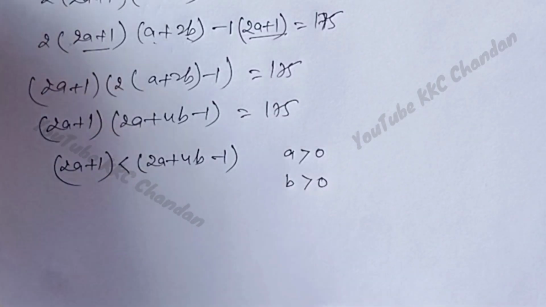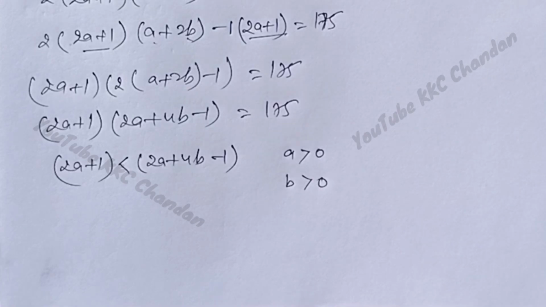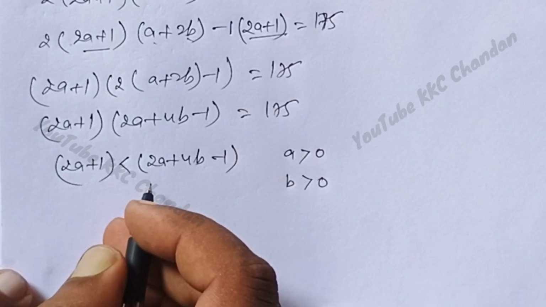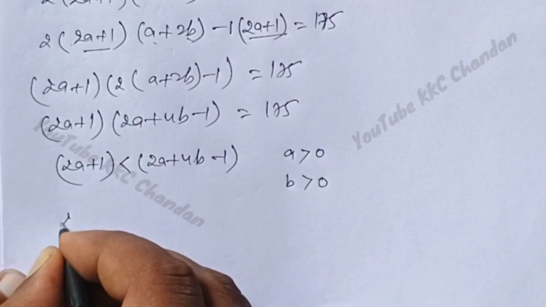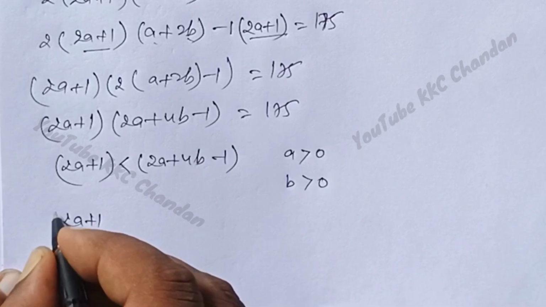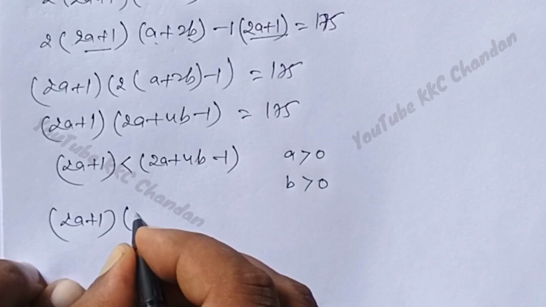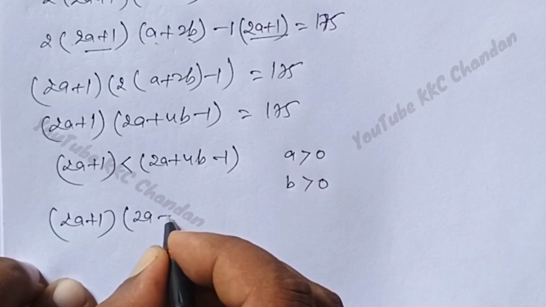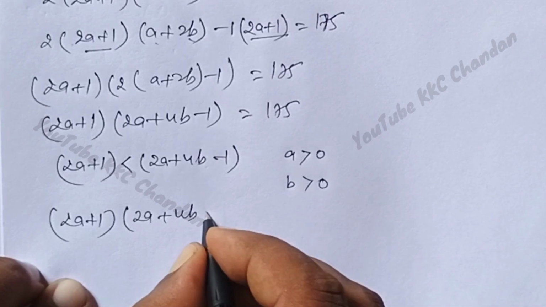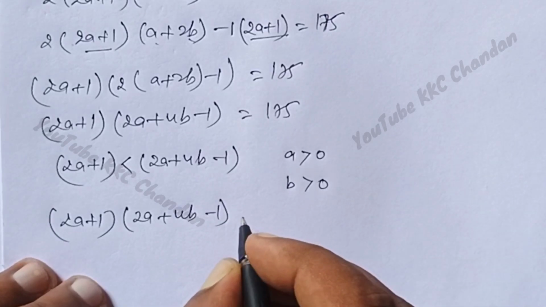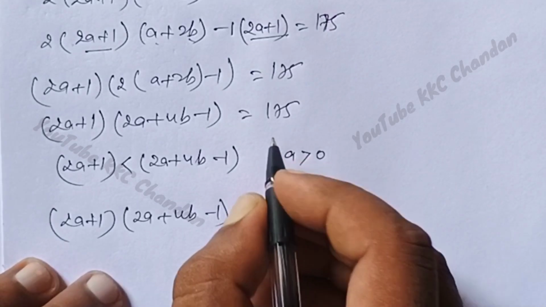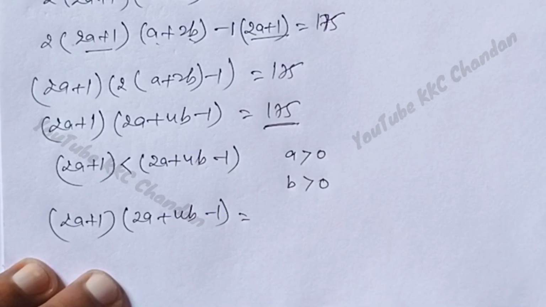So 2a plus 1 into 2a plus 4b minus 1 is equal to 175.